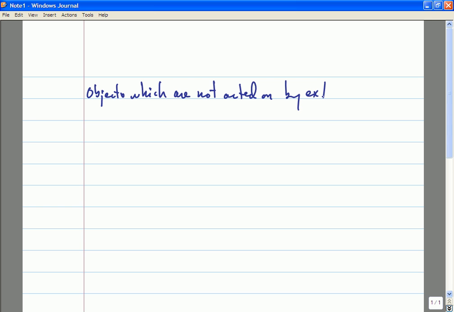And the basic observation that we made about physics in curved space is that objects which are not acted on by external forces will travel on a geodesic. They will travel on lines that are as straight as possible given the curvature of the geometry.